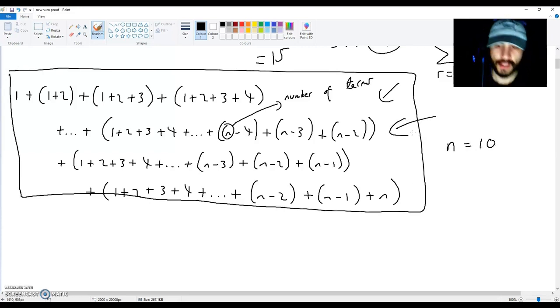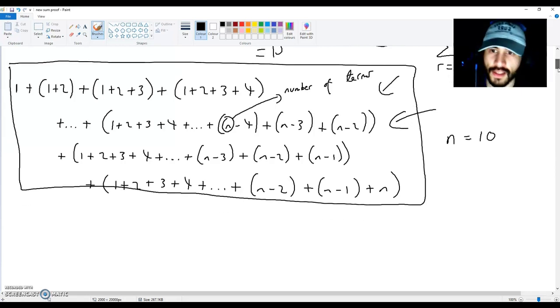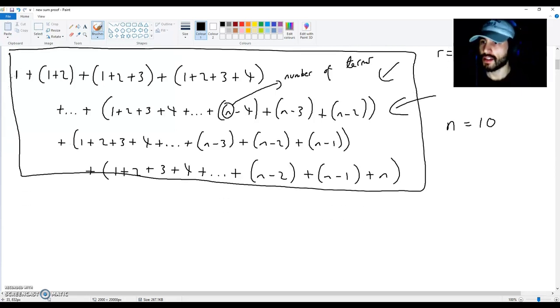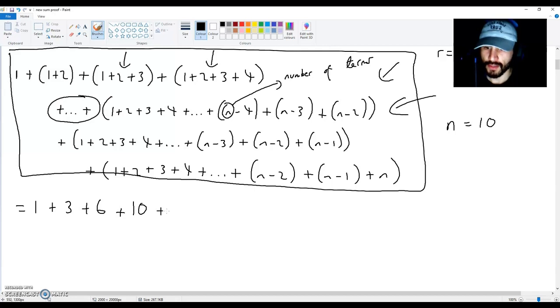What is all of this going to translate into? Let's have a look. So at the top we have 1, plus we have 1 plus 2, which is 3, plus we have this over here, which is 6, plus we have this over here, which is 10. We have this over here, which is plus dot dot dot plus.